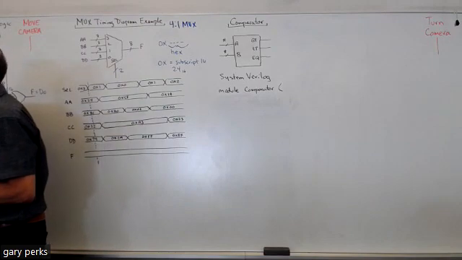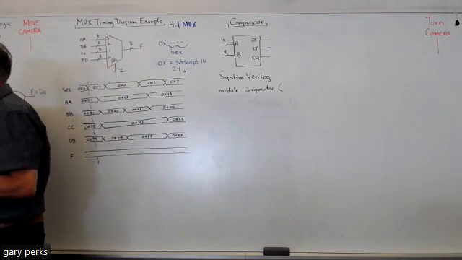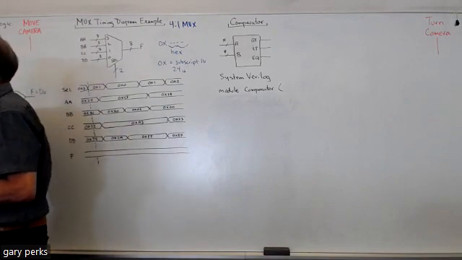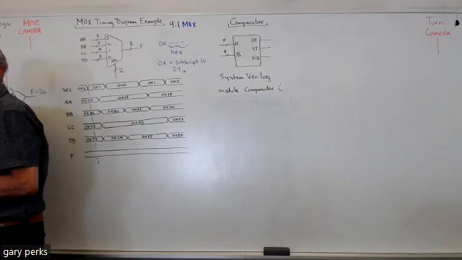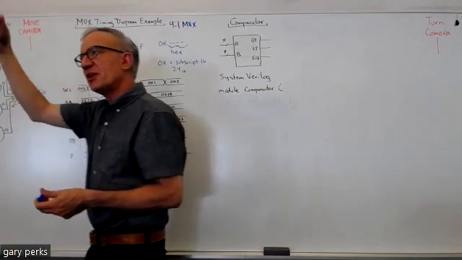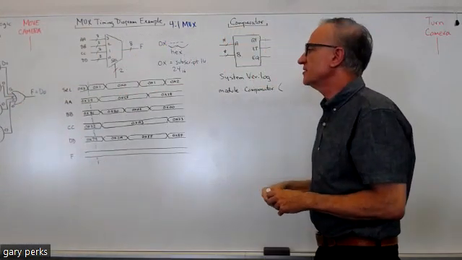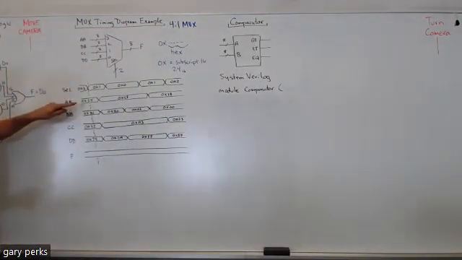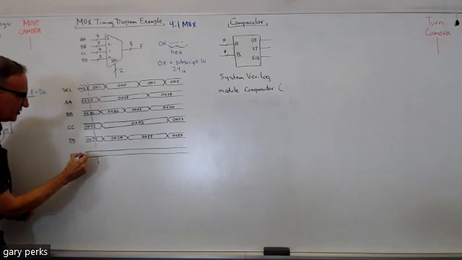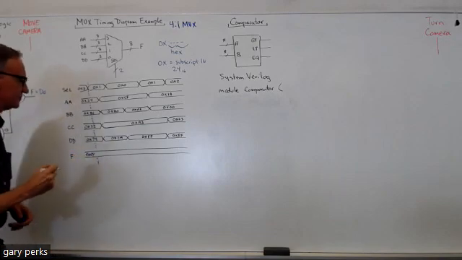No matter how you order these or how you draw the symbol, if the select is a 3, it's going to choose the data on the 3 input. Doesn't matter where the 3 input is drawn. So AA is 24 hex, and that's what our F would equal: 0x24.